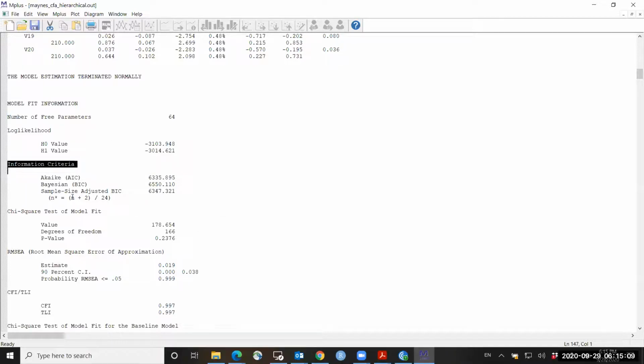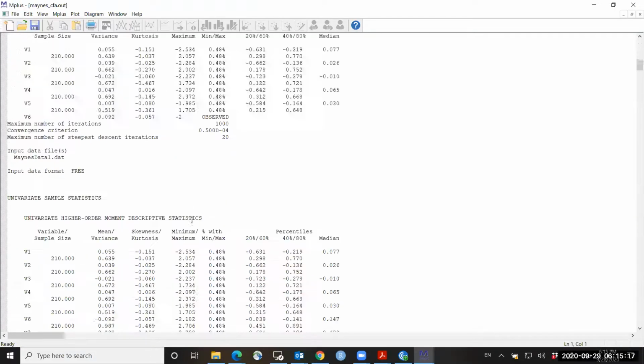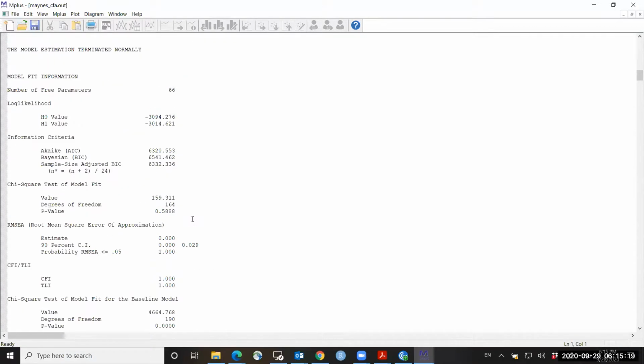So for example, the Bayesian information criteria of this one is 6550, and in the previous one it was 6541. So the Bayesian information criteria indicates that the simpler model without the second order factor should be preferred, right?